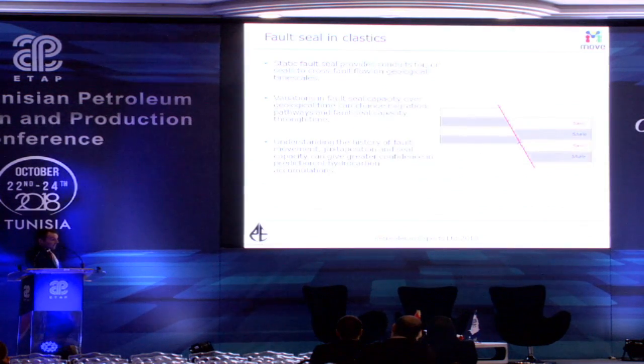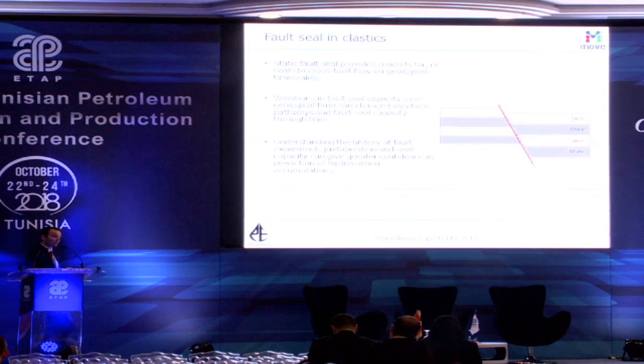So obviously faults move, and as a result, because juxtaposition is based on fault throw, and because shale gouge ratio and the other fault sealing predictors are all based on throw, the changing throw on a fault is going to mean that you're going to have differences in the capacity of a fault to seal. There are very few hydrocarbon reservoirs that we know about that are charged in the present day.